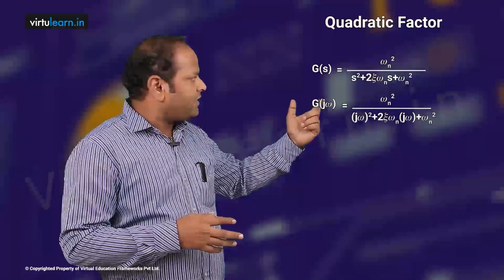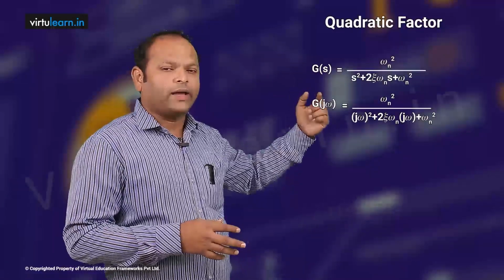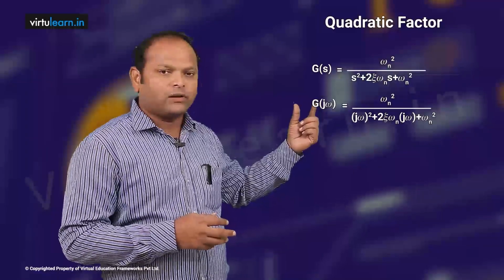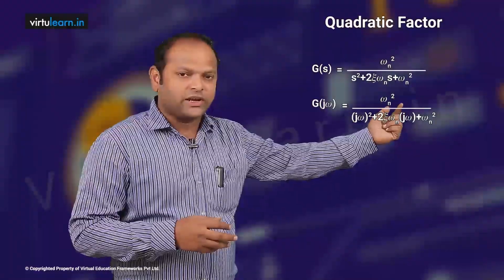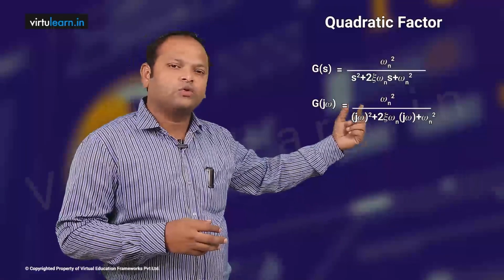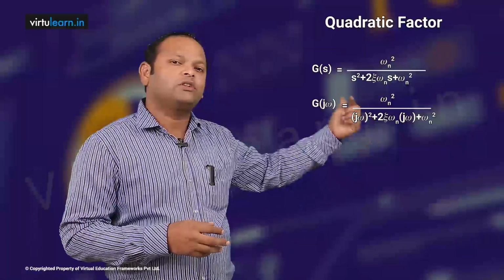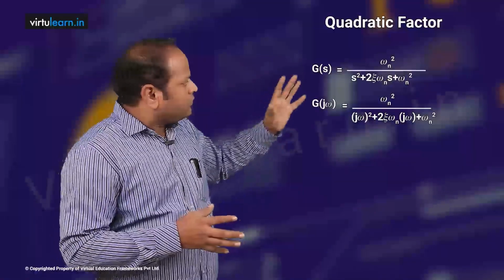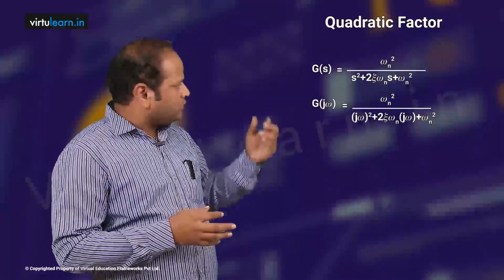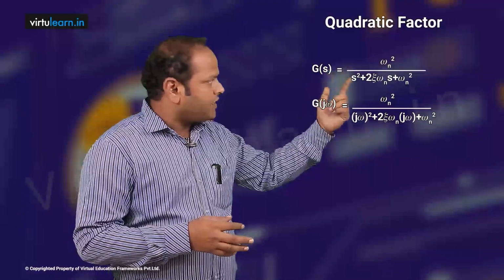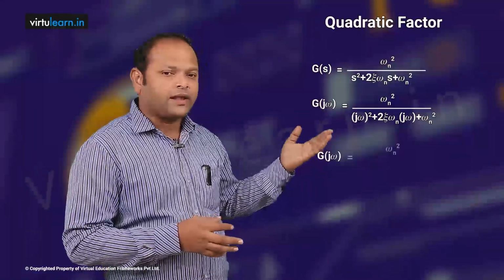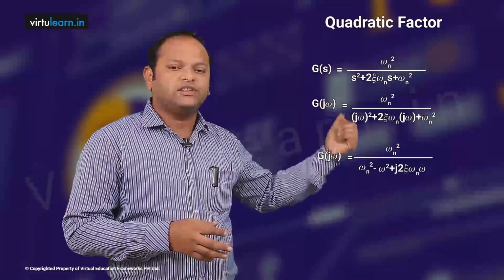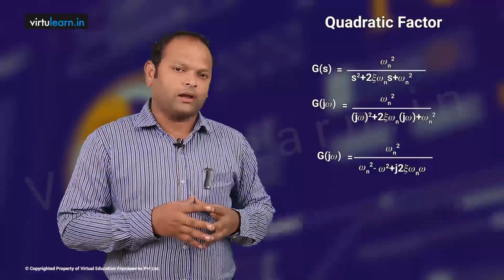The first term in the denominator, (jω)², is minus ω² since j² is minus 1. This is a real part, and ωn² is also a real part, and the imaginary part is in the second term, j2ζωnω. So when you write this in real and imaginary parts, G(jω) = ωn² / (ωn² − ω² + j2ζωnω).